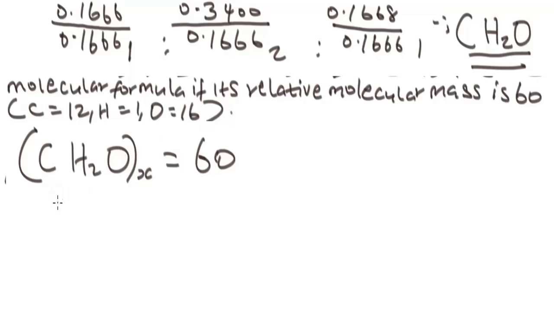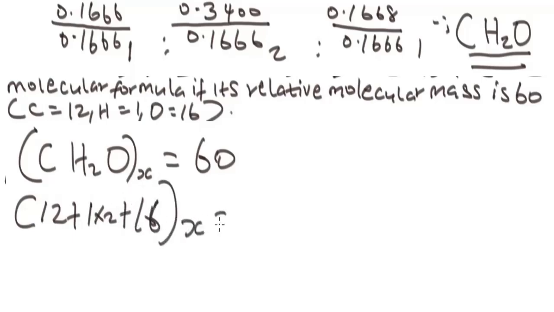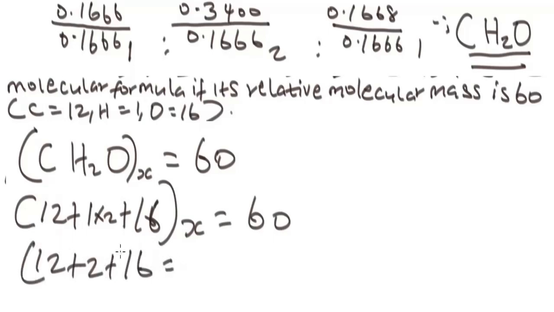So if we simplify this, we're going to have in brackets, the relative atomic mass of carbon, 12, plus that of hydrogen, 1, times the molar number 2, plus oxygen, 16, all times x equals 60. When you simplify this, I'm going to have 12 plus 2 plus 16, times x, equals 60.